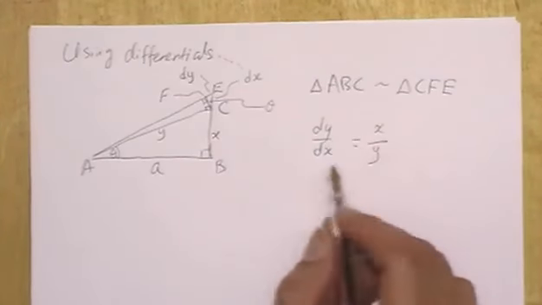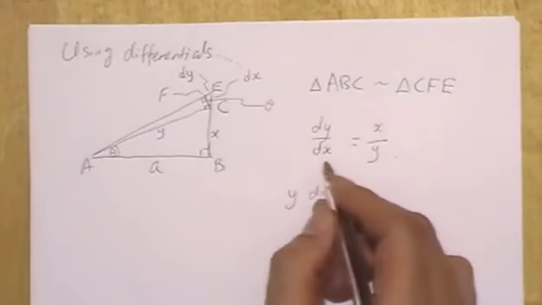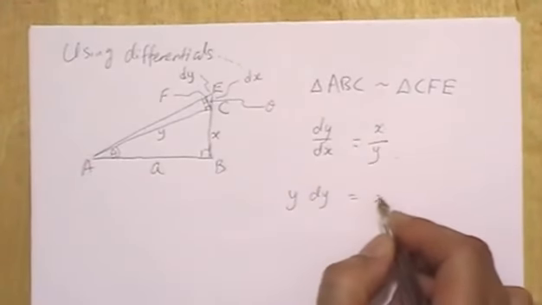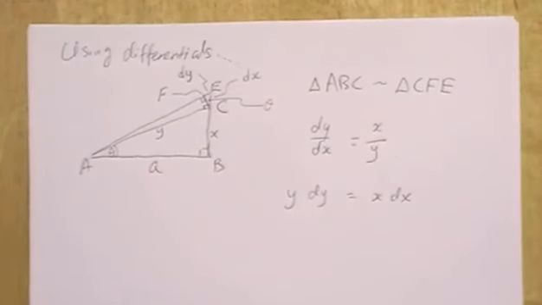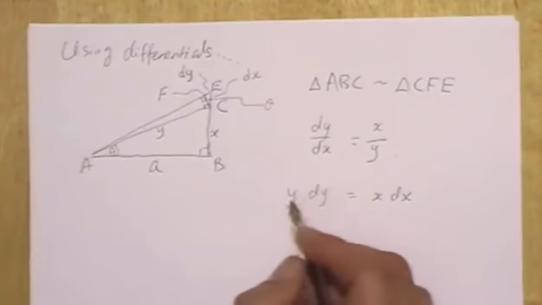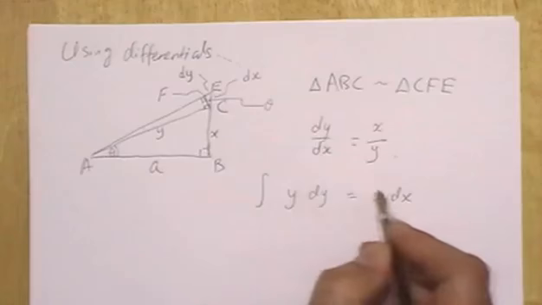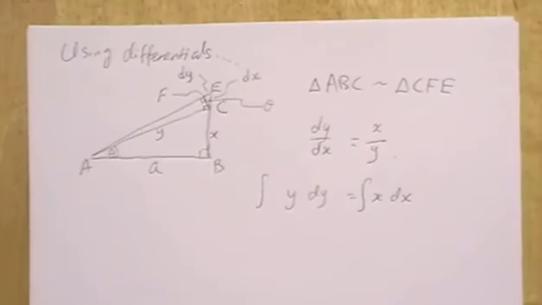We can do something like cross multiplying. So y goes up there, dx goes up there. After that, we can integrate it. Now to integrate this, we need to put in the limits.